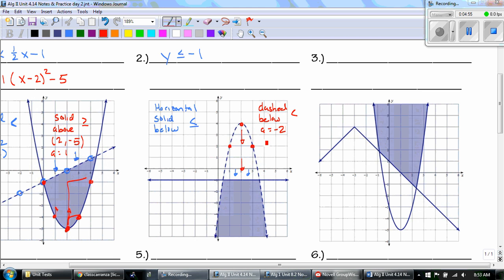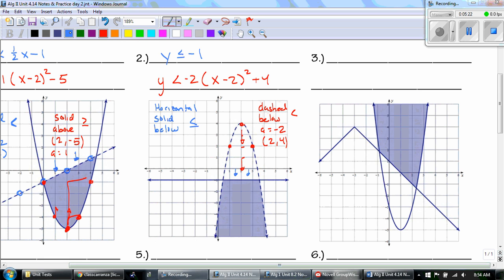And then our vertex is at 2, 1, 2, 3, 4. So 2 comma 4. So writing all the information, we have y is less than negative 2 parentheses x minus 2 squared plus 4. Okay, remember when it is a parabola, we have to have the square there.